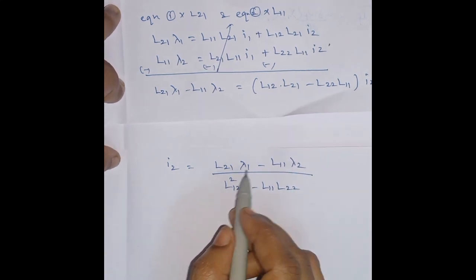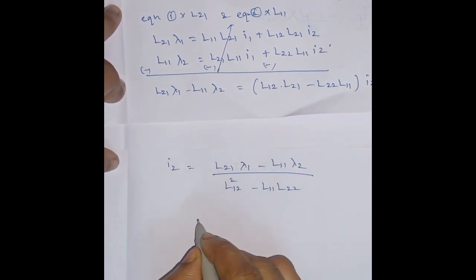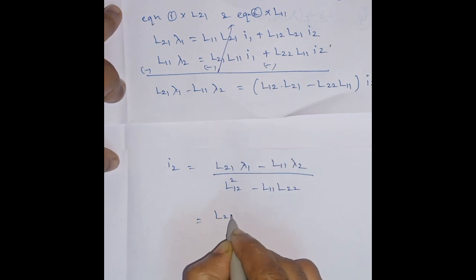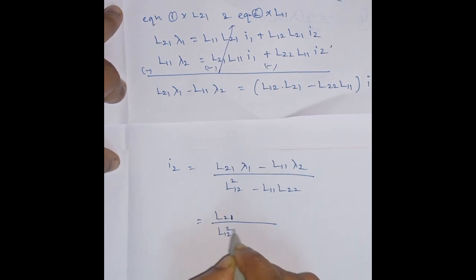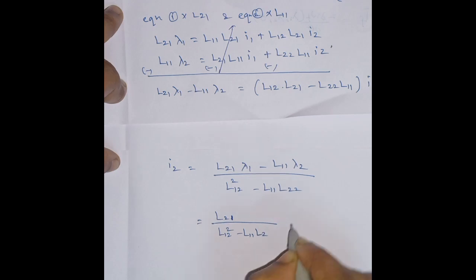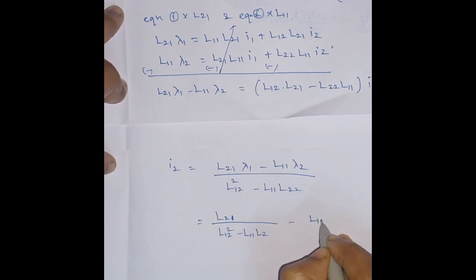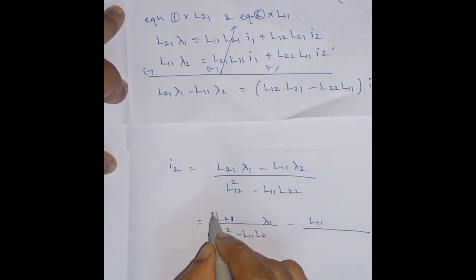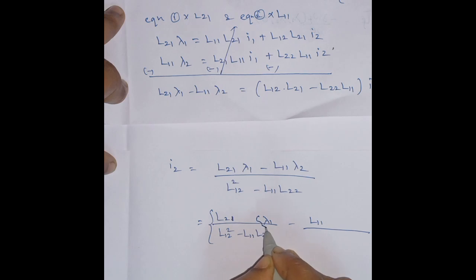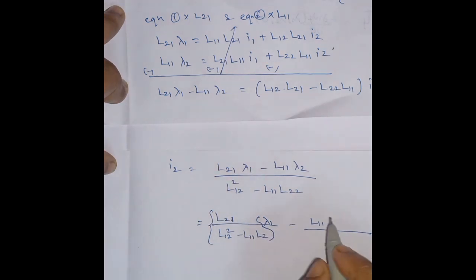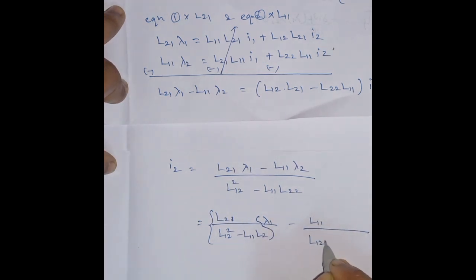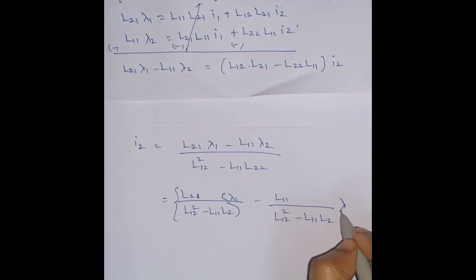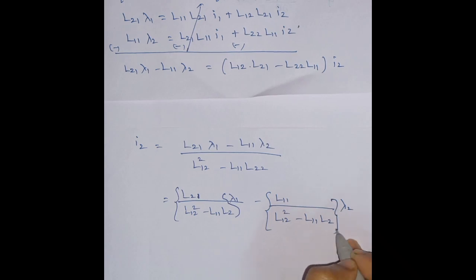Now I am separating these things as a quotient of lambda 1 and lambda 2. If we take it, L21 divided by L12 square minus L11 L22, then minus L11 divided by L12 square minus L11 L22, where the first quotient is of lambda 1, which we can take as beta 21, and the second is the quotient of lambda 2.